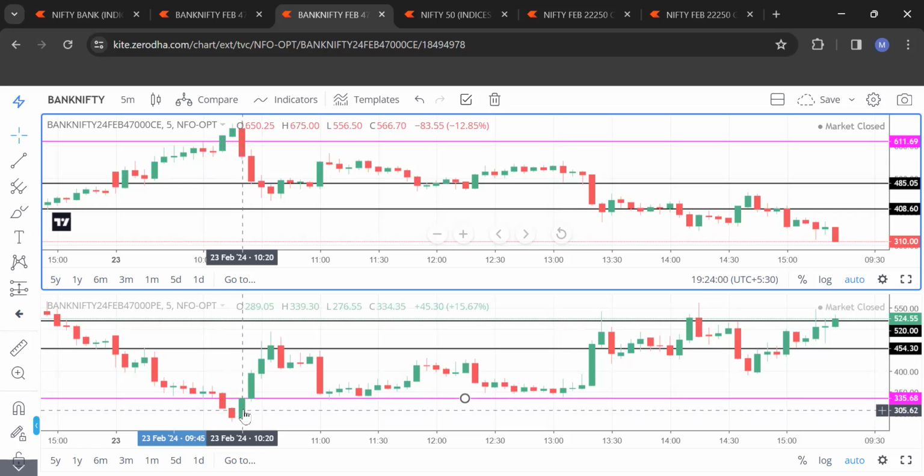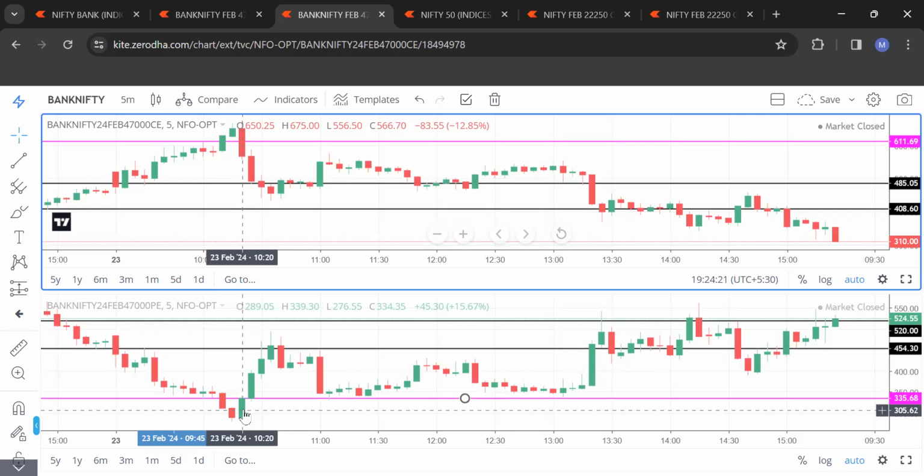Now let's check this candle. 339.30. It remains the same. We need a candle of 39.3. Now let's see, 339.30 minus 276.55.